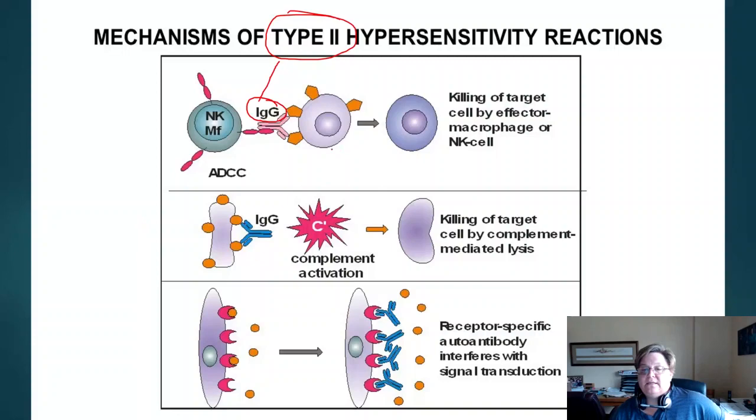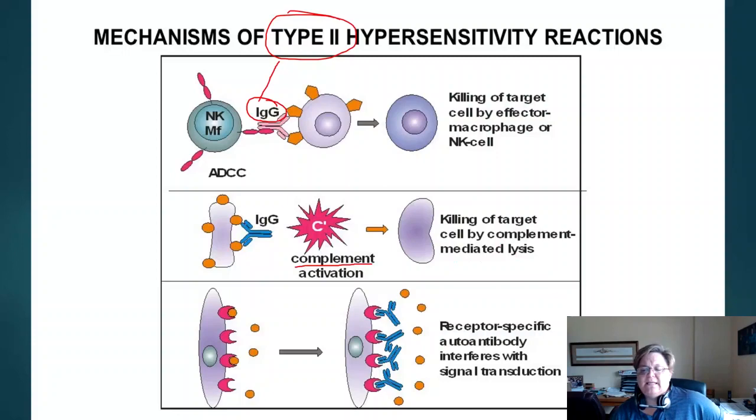And what we see is that there is a target cell that's killed by an effector macrophage or a non-killer cell. And that activates complement in our system. And then the complement, target cell is killed by complement-mediated lysis.